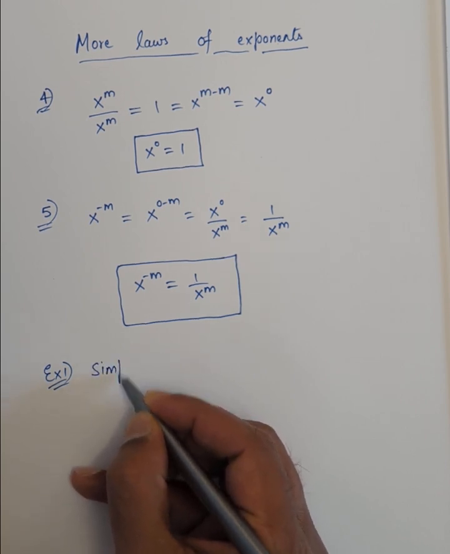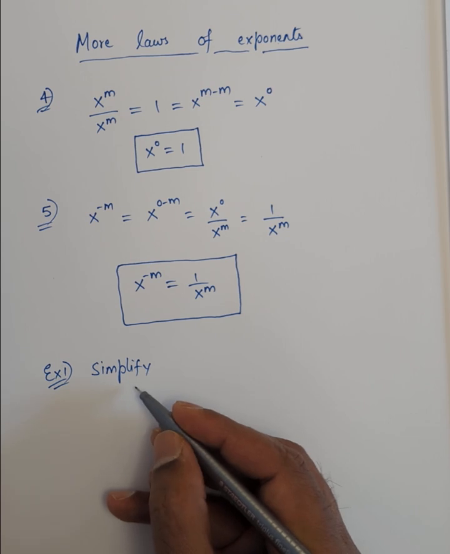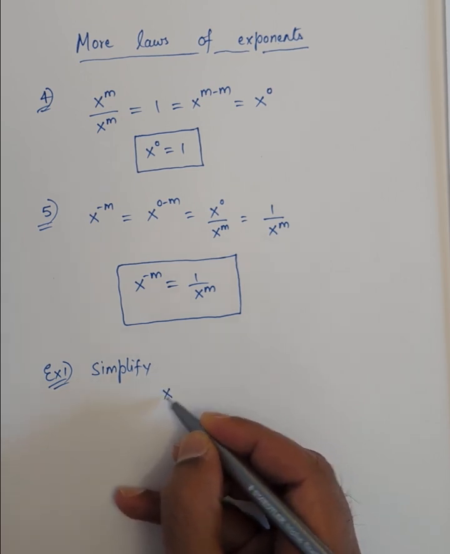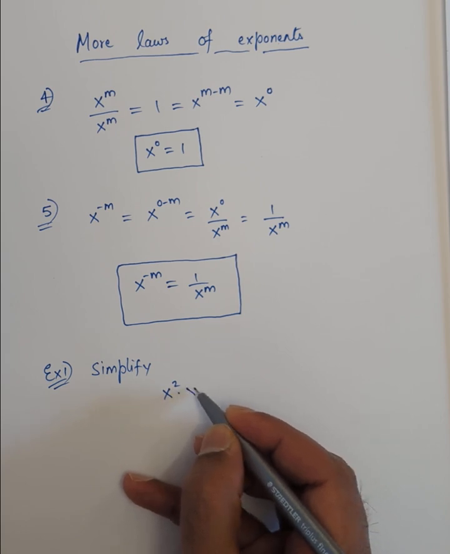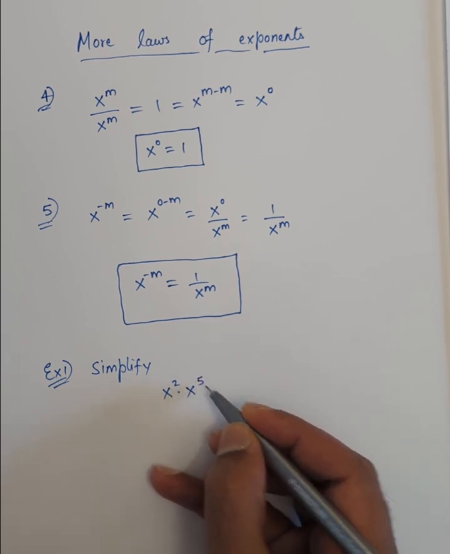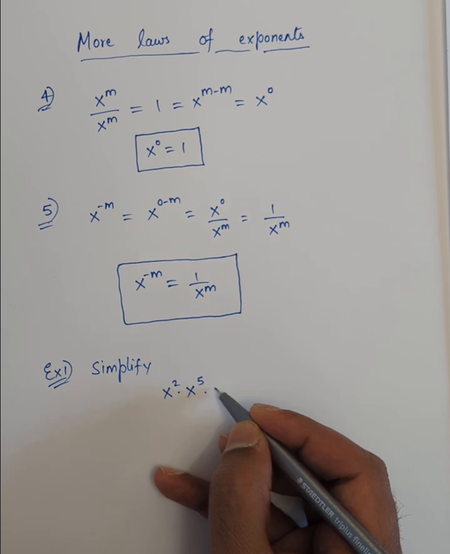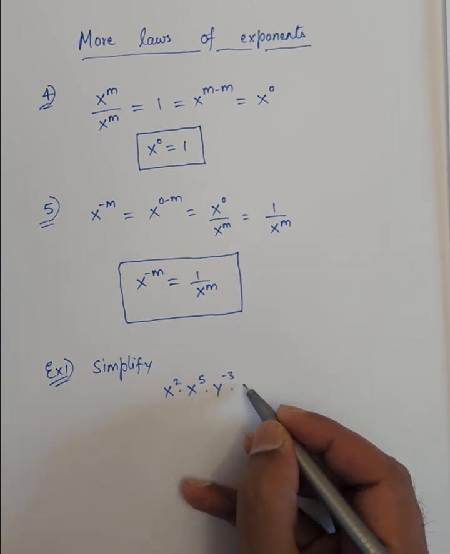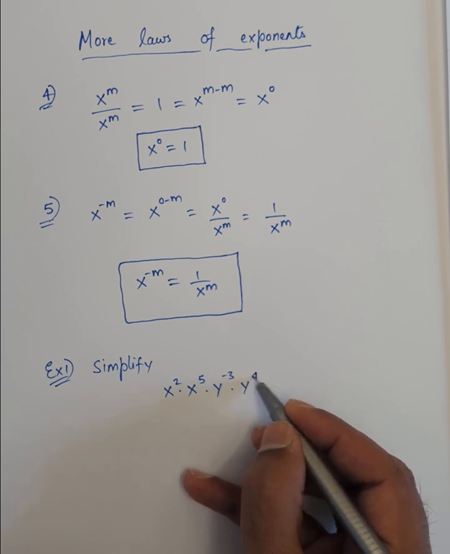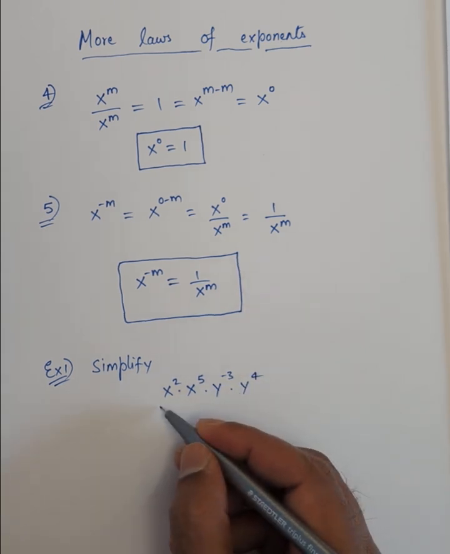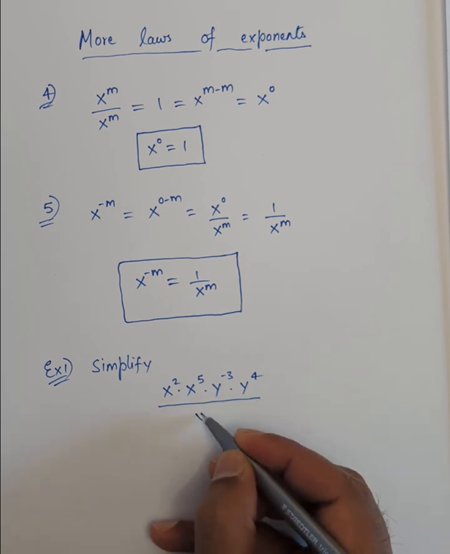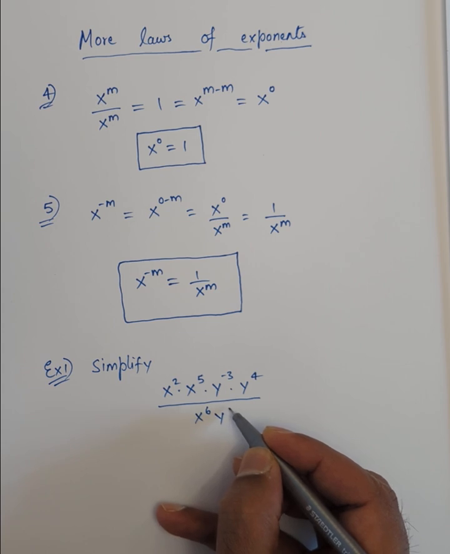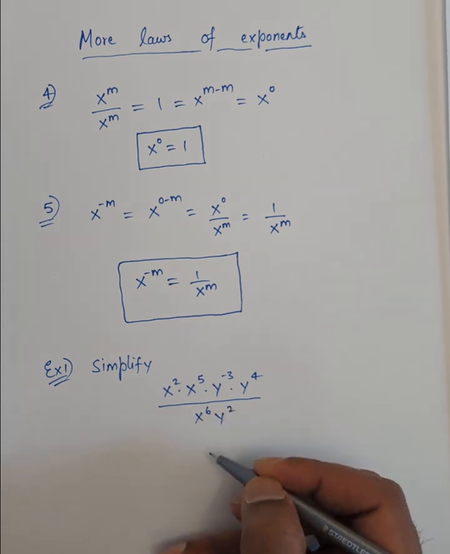The problem might be worded "simplify," and then you are given an expression like x squared times x to the 5 times, and you may also have more than one variable, y to the negative 3 times y to the positive 4 over x to the power 6 y to the power, let's say, 2.